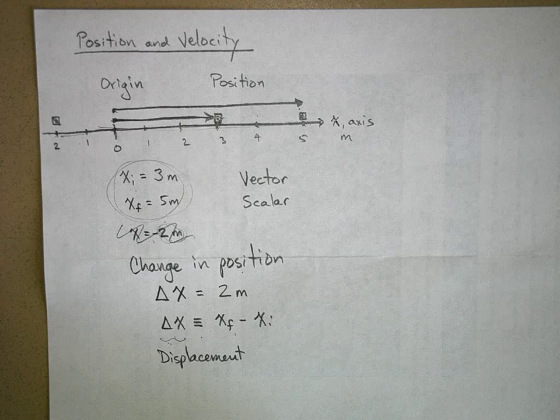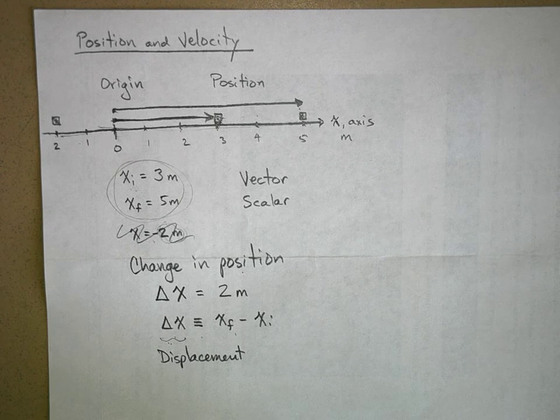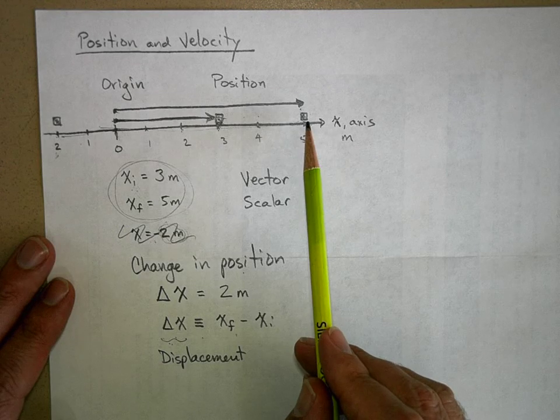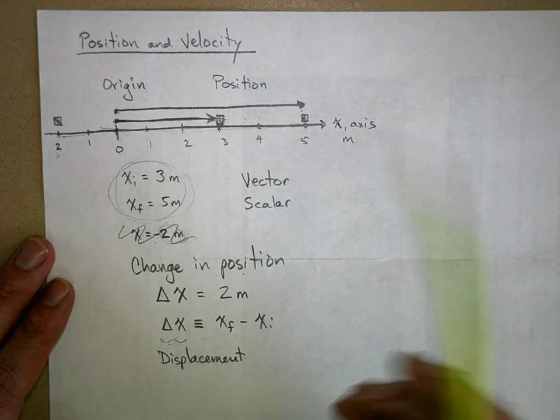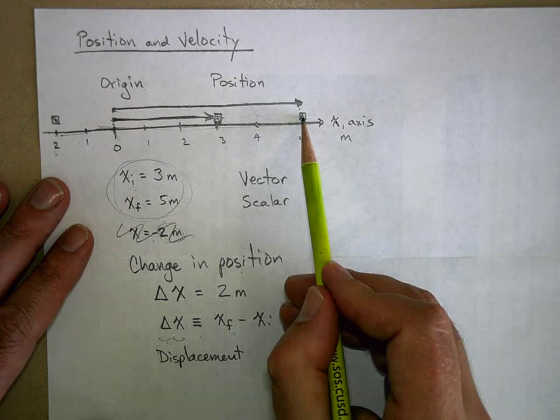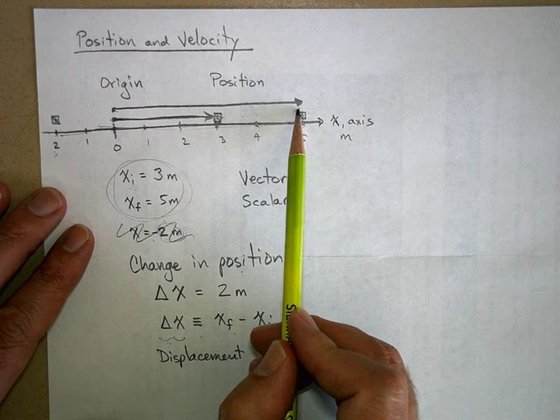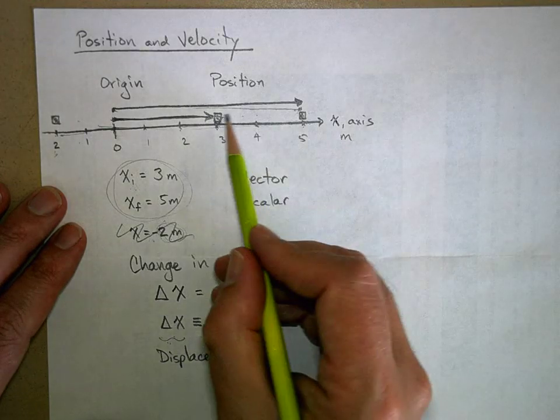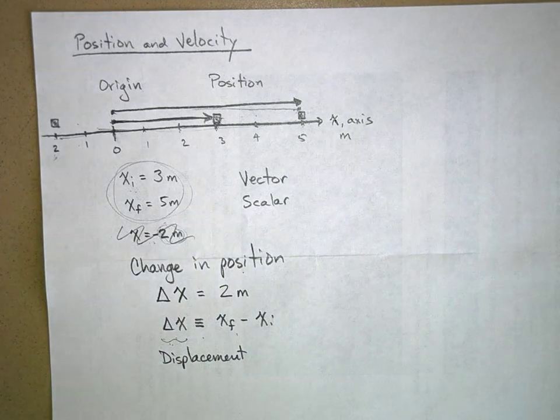Now, by the way, displacements can be negative. What if I used this as my final position and the 5 meters as my initial position? Suppose that I went from here to here. Well, I'd need to draw an arrow, right, from my initial position. You can make the displacement a vector.